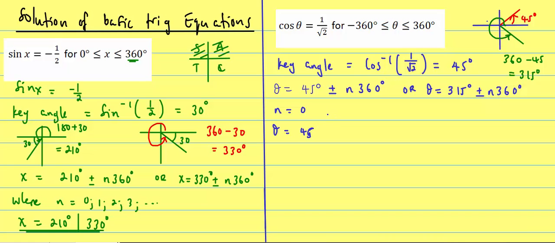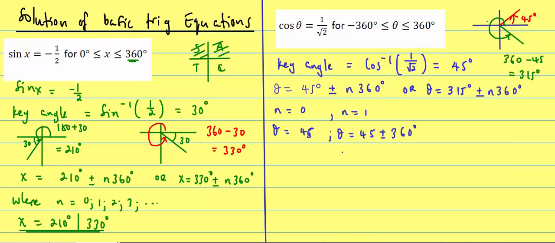Okay, now when n is equal to 1, on this same general solution again, we will have theta being equal to 45 plus or minus 360 degrees, because 1 times 360 is that.